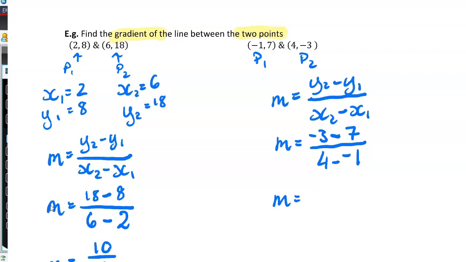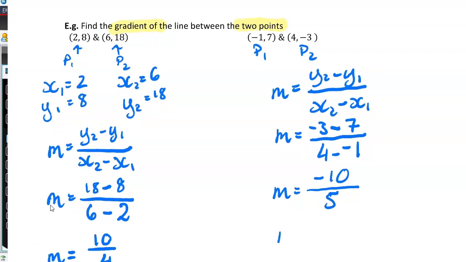So m equals -3 minus 7, that gives you -10 over 4 minus -1. Now you'll probably remember when you've got two negatives like that, it's the same as a plus, so that's 4 plus 1. So that is 5. So m equals -10 divided by 5, which is -2.